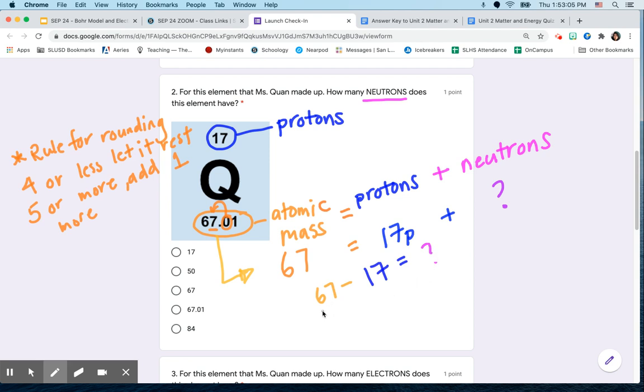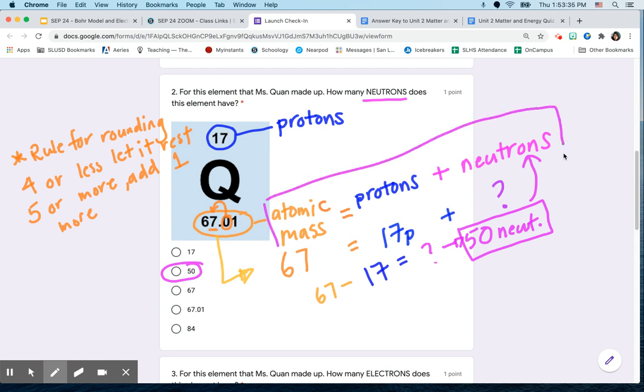And if I do 67 minus 17, that will give me 50. So therefore, I know I have 50 neutrons. So how many neutrons do I have here? Well, I should have 50 neutrons, mainly from using this equation to figure out my neutrons.